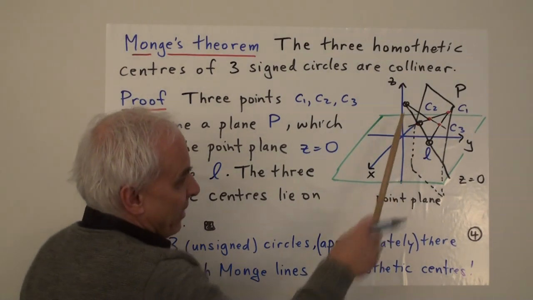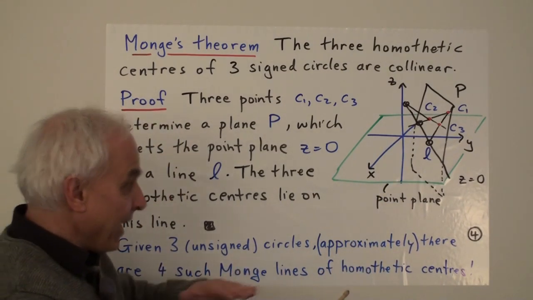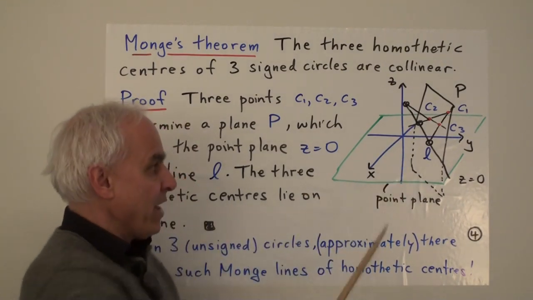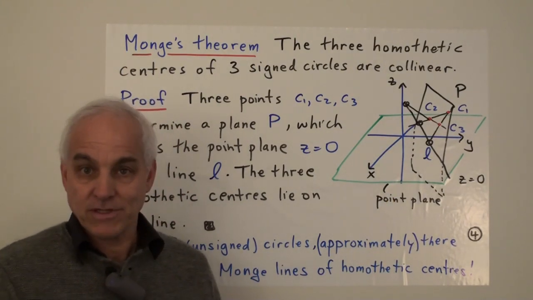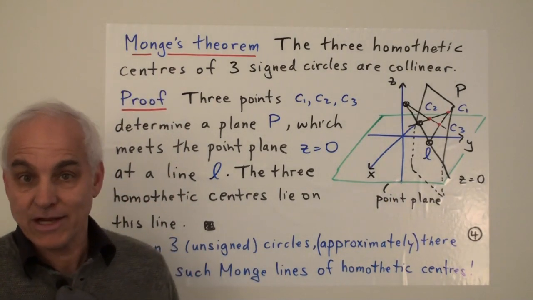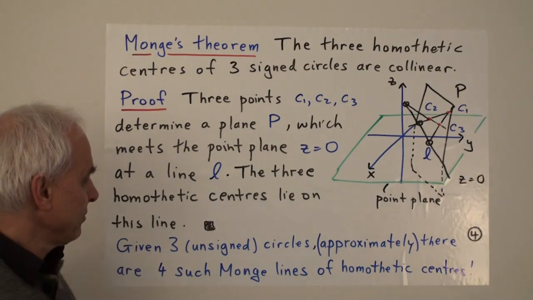So those are actually points in the plane, and the collinearity of these points corresponds to the collinearity of those points in the original xy plane that we started with.